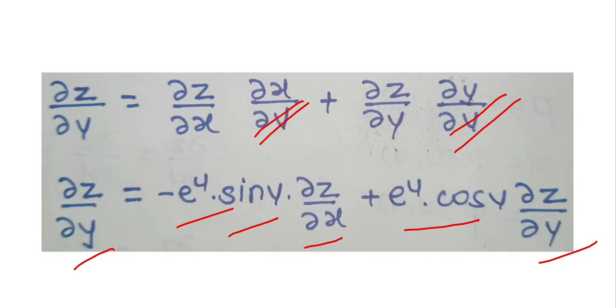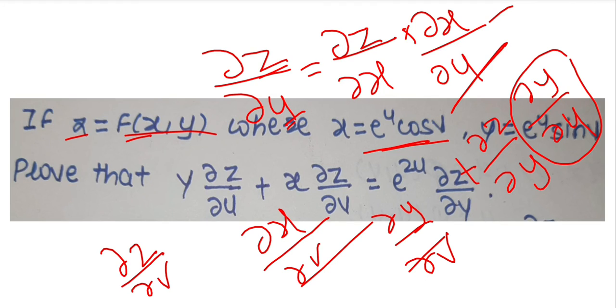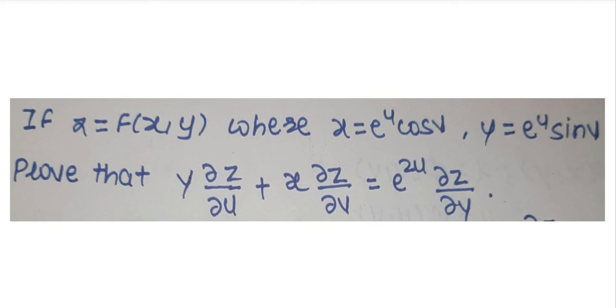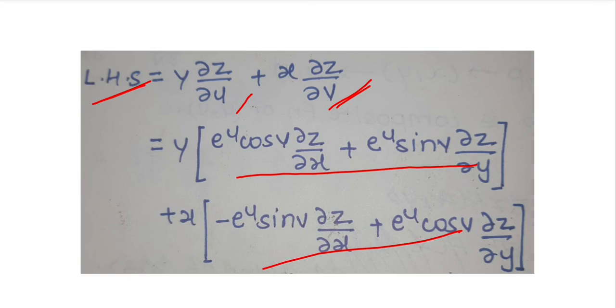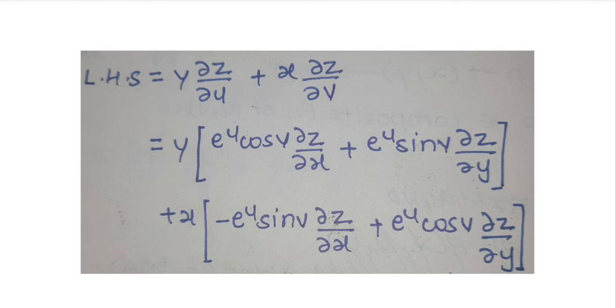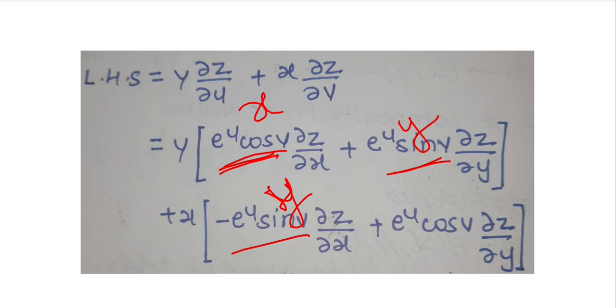But from the given question, we know that the value of e^u cos v is x and the value of e^u sin v is y. So using these values, we can write y times (x ∂z/∂x + y ∂z/∂y) plus x times (−y ∂z/∂x + x ∂z/∂y).